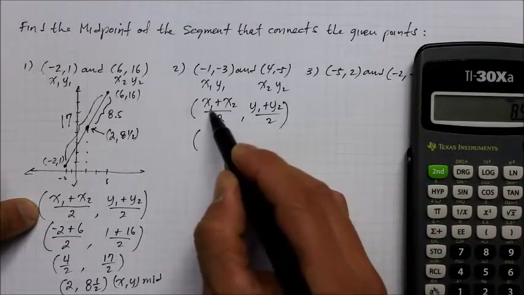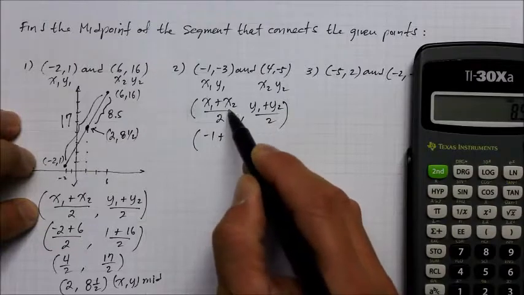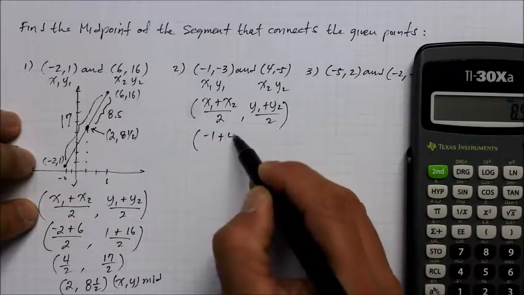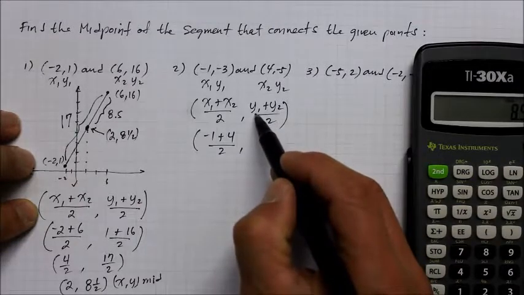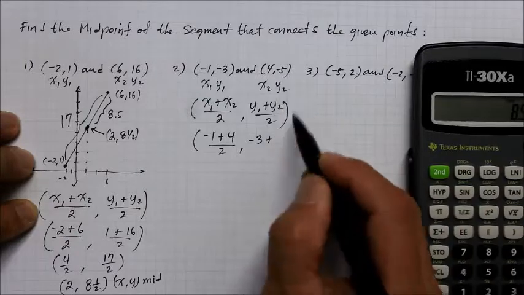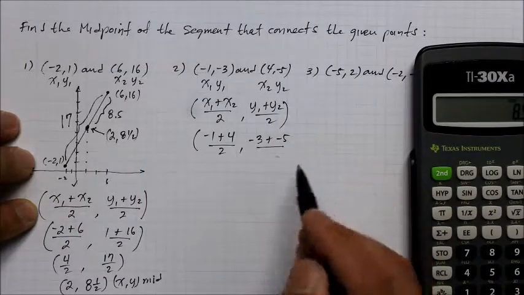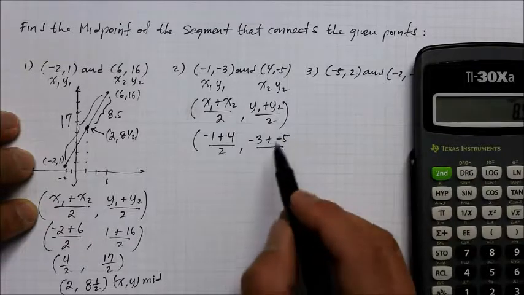And what I just labeled x sub 1 is, of course, negative 1 plus x sub 2 is 4. And whatever you get, I'm going to divide it by 2. And y sub 1 is negative 3 plus y sub 2 is negative 5. This time we're combining two negatives, which will make it into a bigger negative.